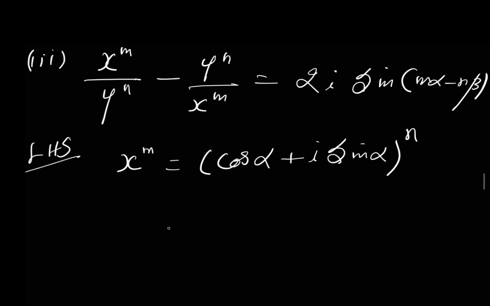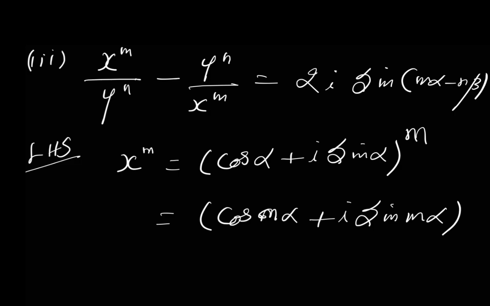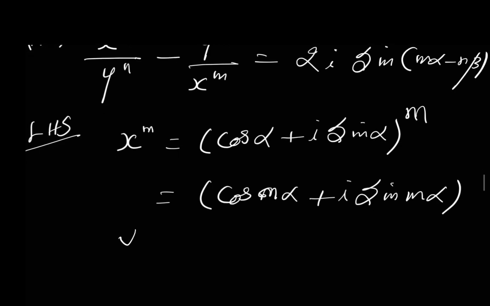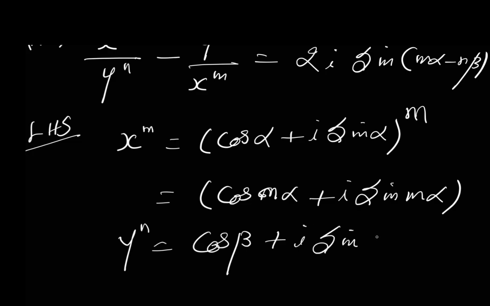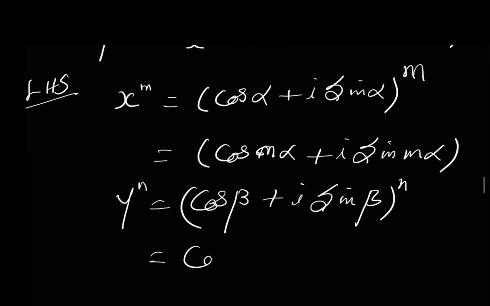This is to the power m. So by De Moivre's theorem, you will get the index m here: cos m alpha plus i sin m alpha. What about y power n? Cos beta plus i sin beta whole power n, so cos n beta plus i sin n beta.